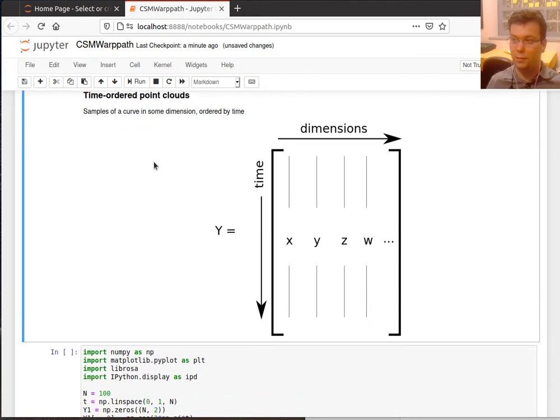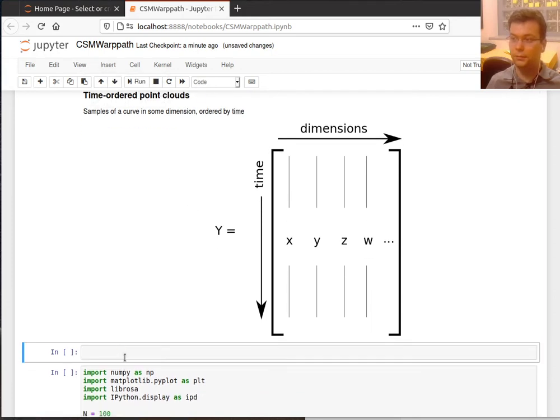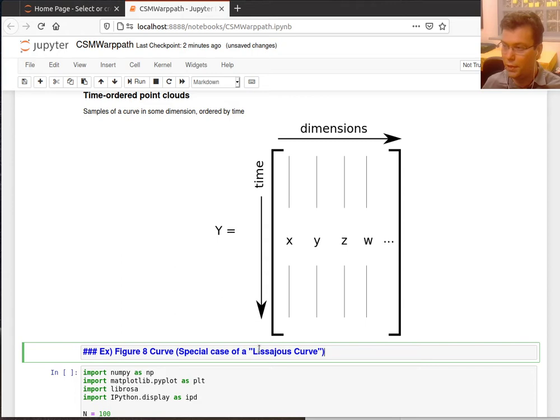So as an example, let's say I have this figure 8 curve, also known as a special case of a Lissajous curve. So this is a curve which is parameterized as follows.